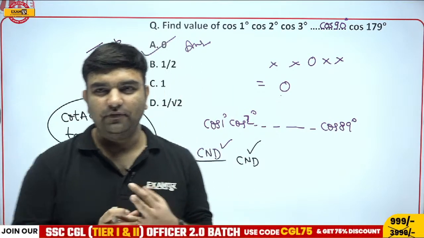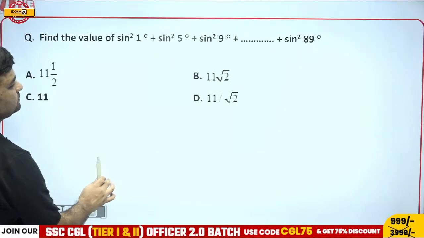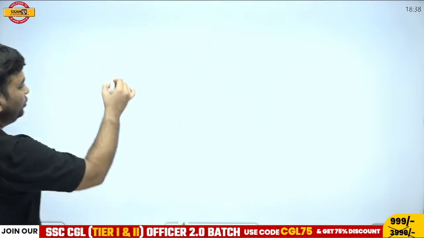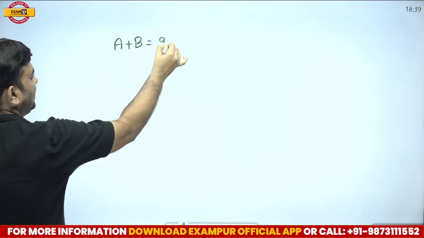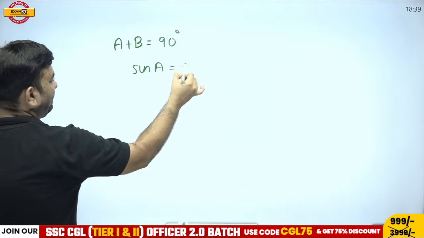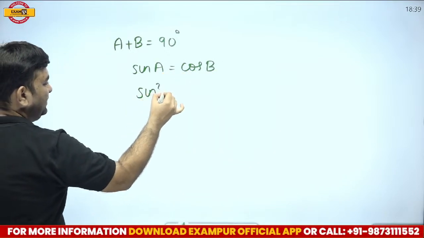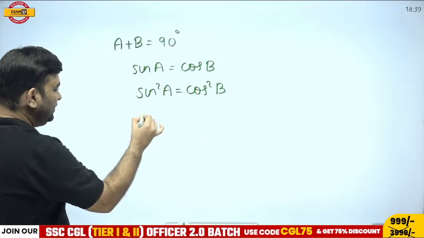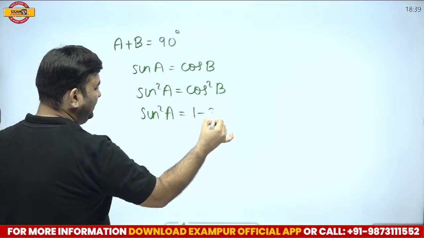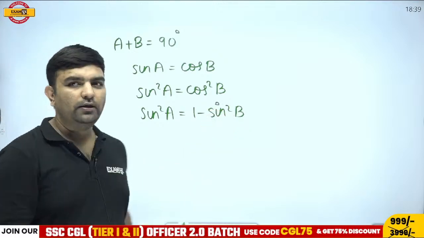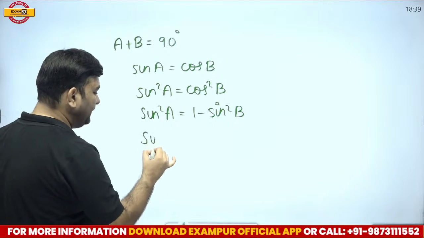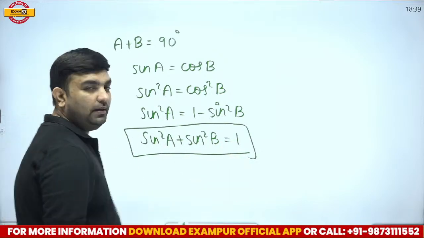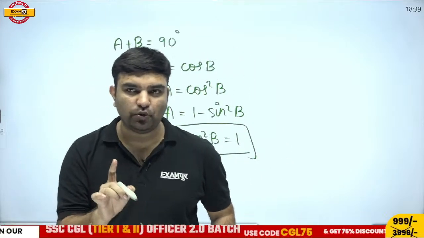Okay. Well done. Guys, as you know, if angles are complementary, then sin A is equal to cos B. Squaring both sides, sin square A is equal to cos square B. By the help of identity, cos square B can be written as 1 minus sin square B. So if angles are complementary, then sin square A plus sin square B is 1.